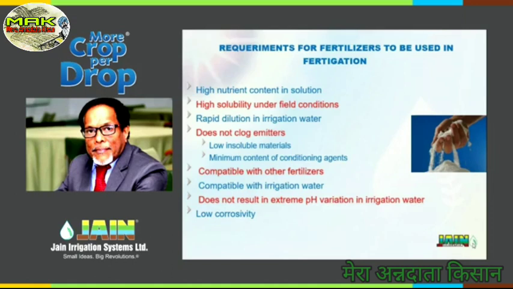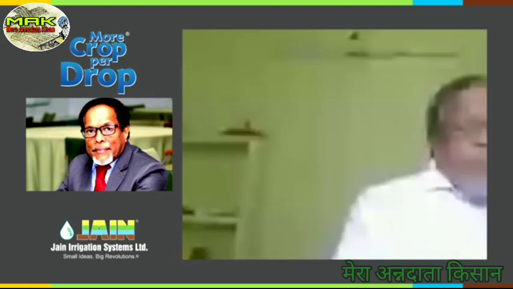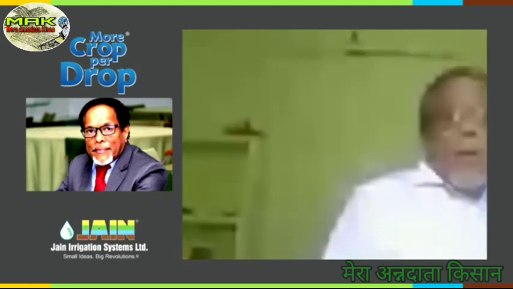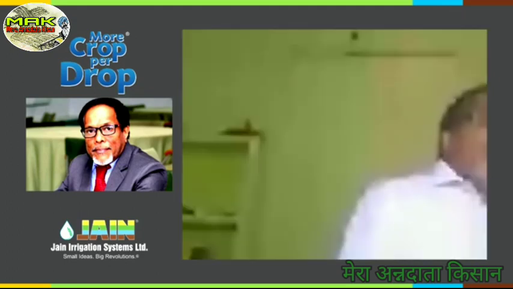And some of these fertilizers should be compatible with other fertilizers because there is a chance that you would be applying 2 at a time. They should also be compatible with irrigation water. I will come back to that point. The irrigation water, its problem, how it affects the fertilizer, should not result in extremes. The soils are already in bad shape.